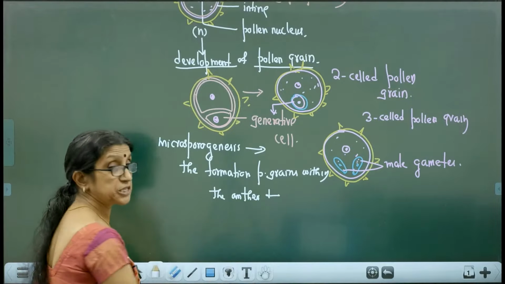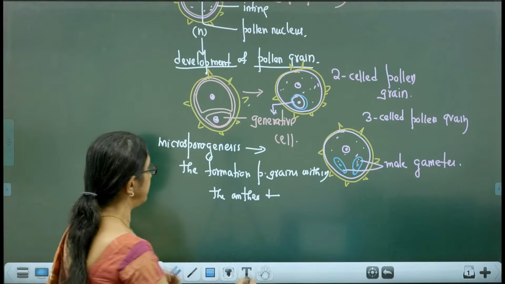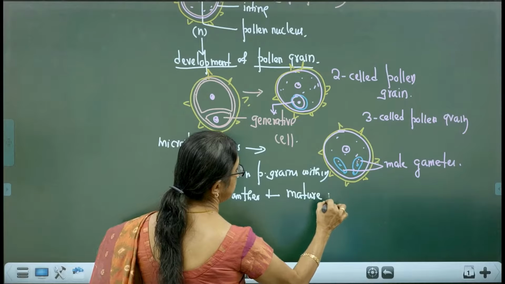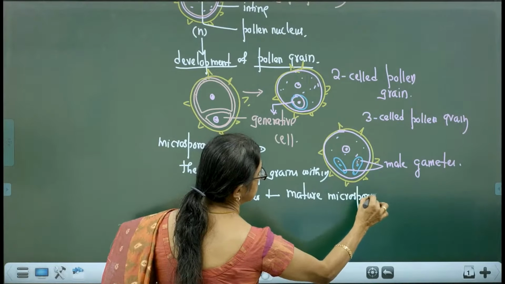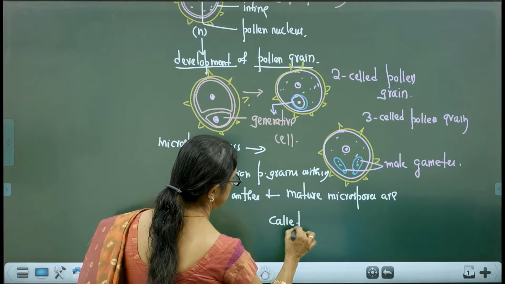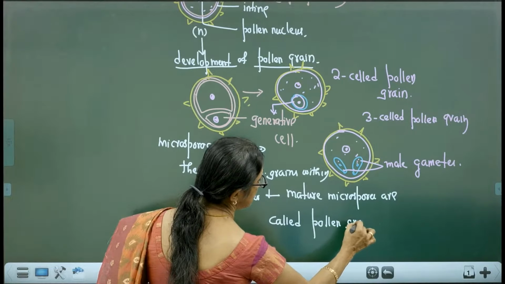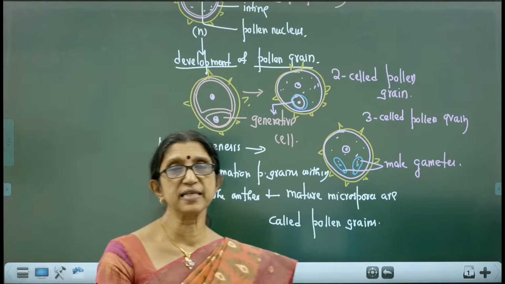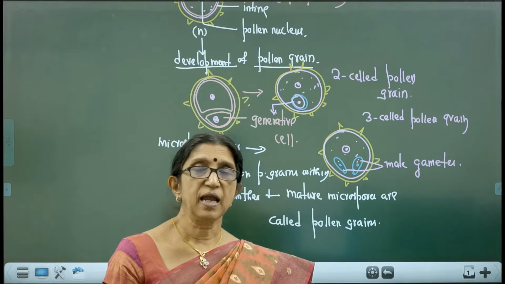And mature microspores are known as pollen grains. Mature microspores are called pollen grains.